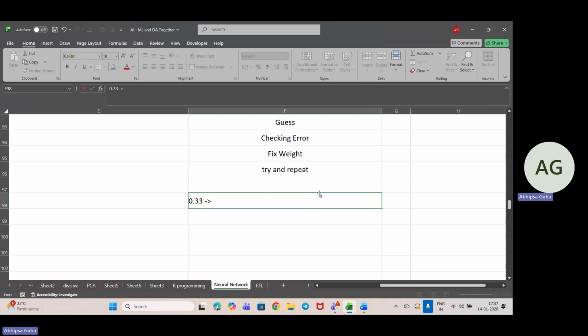Then in the next try, it becomes a bit better, around 0.5. Then in the next try, it comes out as 0.7, right? Then around 0.9. Then at some point I'll get the result as 1. That is perfect, right? So this is what we wanted.